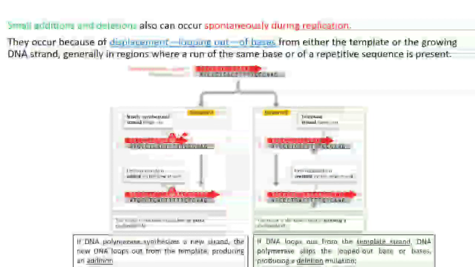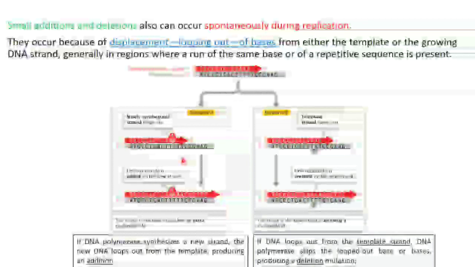In scenario 1, guys, the looping out now will occur in the newly synthesized strand, not in the template like in the first example. This time, by chance, an adenine, for example, during the synthesis of the new DNA strand, the DNA polymerase is putting A. One of these A's will loop out, it appears outside. So when this A looped out, a free space is left, and the DNA polymerase will introduce a new A. So at the end, what will happen in the newly synthesized DNA?